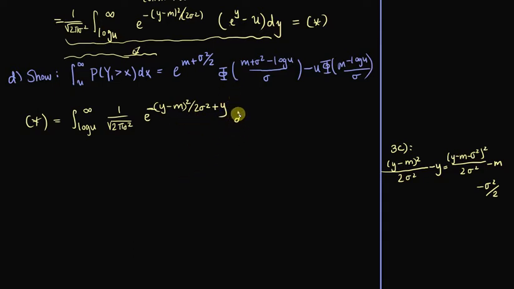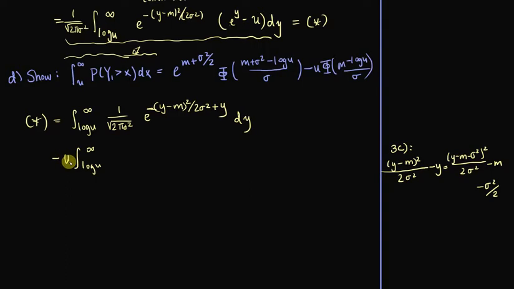if we just put a dy here, we can take the second term in a separate integral from log u to infinity of u multiplied by something. And notice that since u is in fact not reliant upon y, we can just take it outside of the integral.